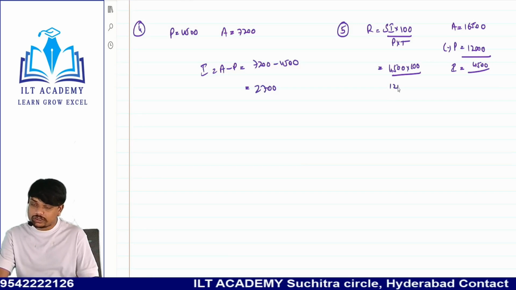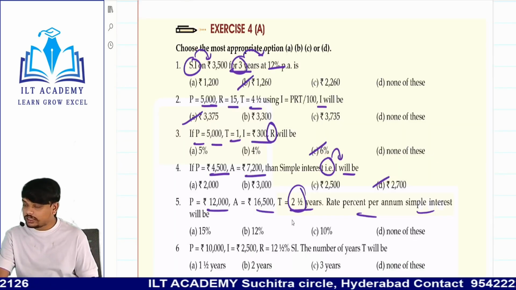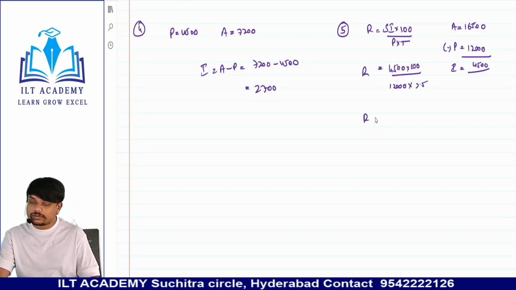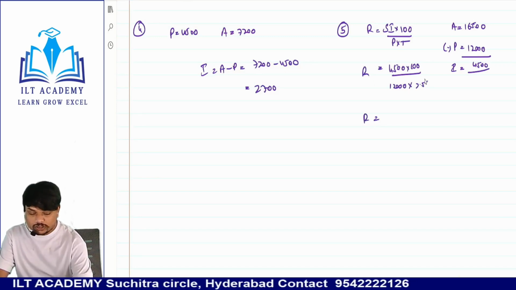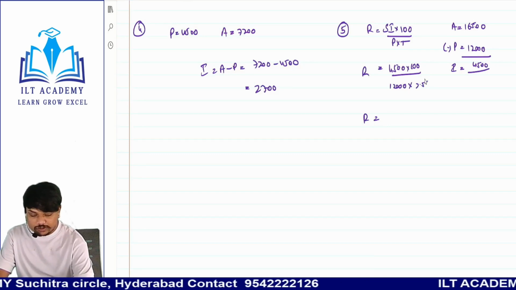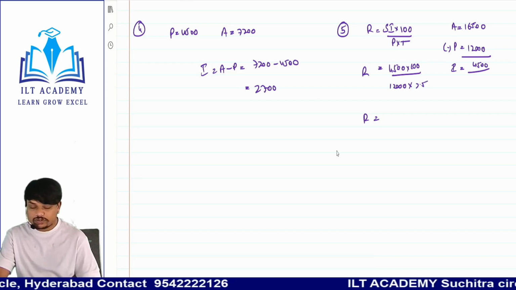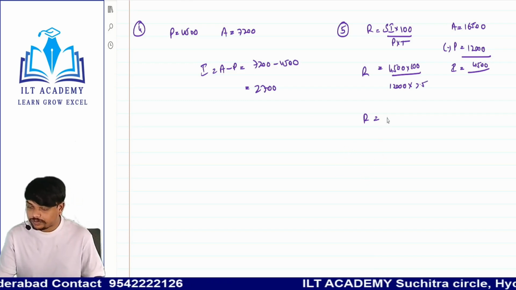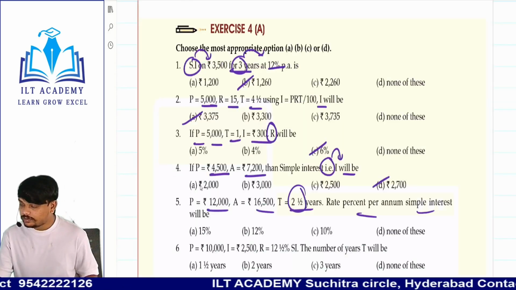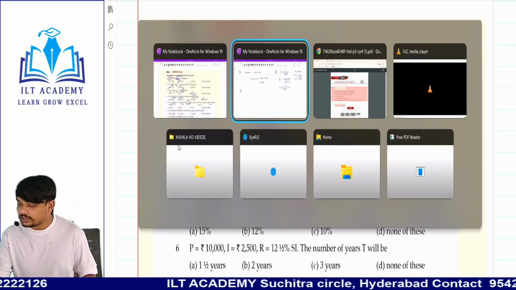Principal is 12,000. Time is 2.5 years, which will give you R. This 4,500 into 100 divided by 12,000 into 2.5 is 15%. Sorry. Sixth one: principal is 10,000.